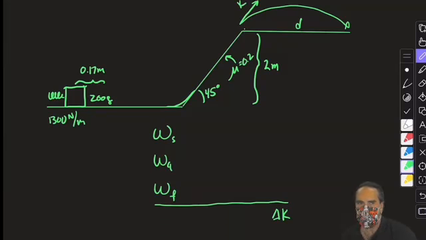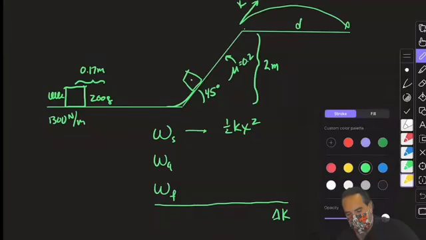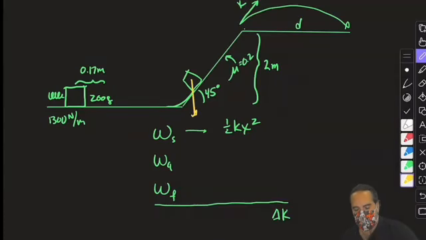Questions about that? All right, so this work being done on a block is 1/2 k x squared. The work done by a spring on an object. The force from the spring is in the direction of motion, so it's positive. The work done by gravity, the gravitational force on a block when it is here will be downwards. And the amount of gravity will be mg. It's going to travel this distance, which I don't know, but can surmise is 2 divided by the sine of 45.